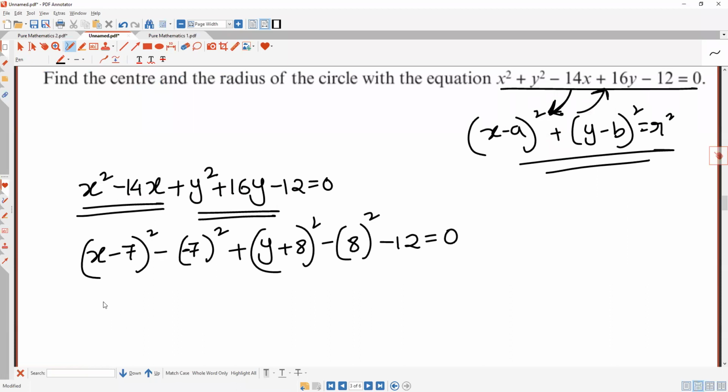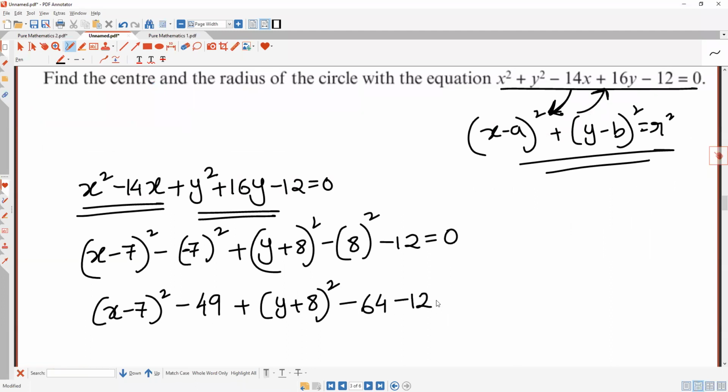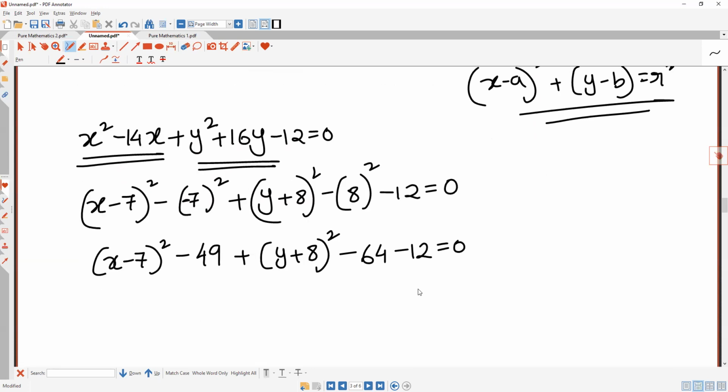Now, I keep x minus 7 as it is. Let me open this. 7 square is 49, positive 49. Plus, let me keep y plus 8 whole square as it is. And 8 8s are 64. Minus 12 equals to 0. Check minus 49, minus 64, minus 12.